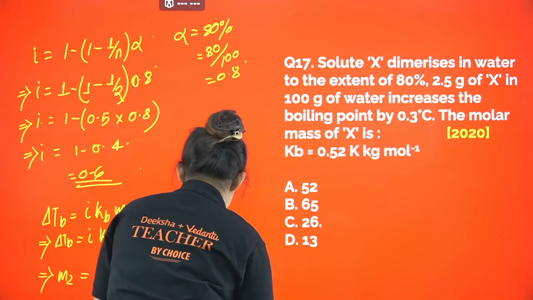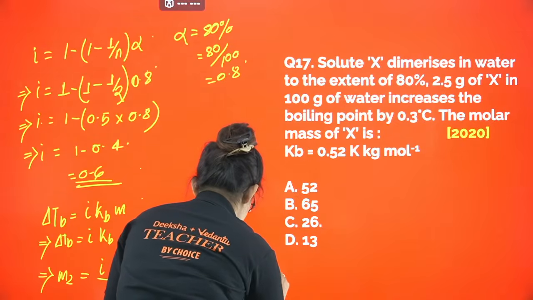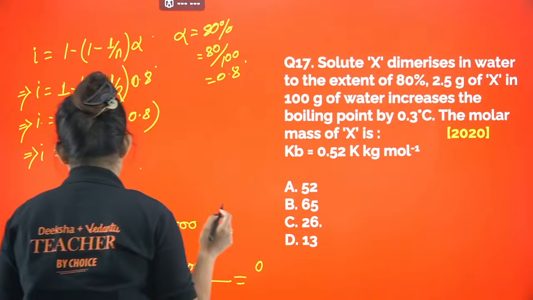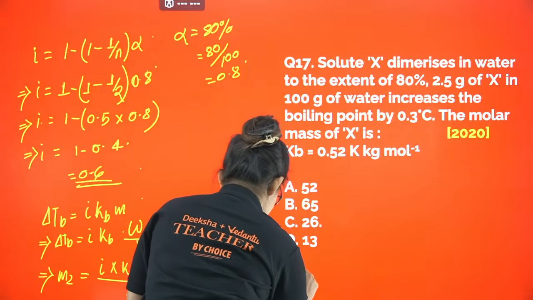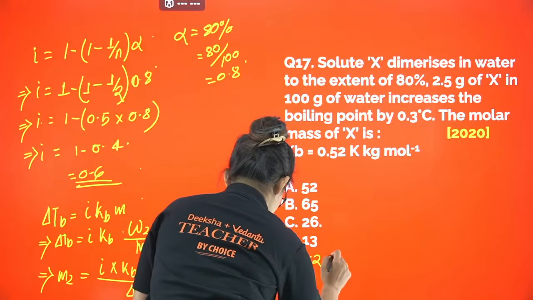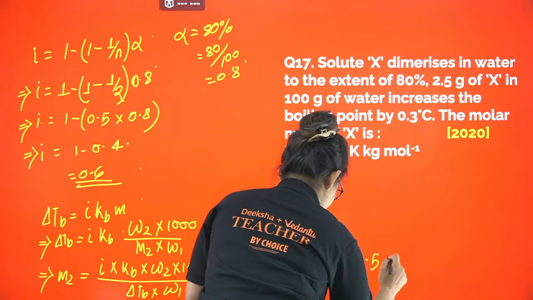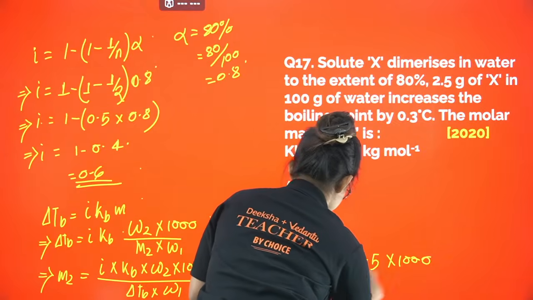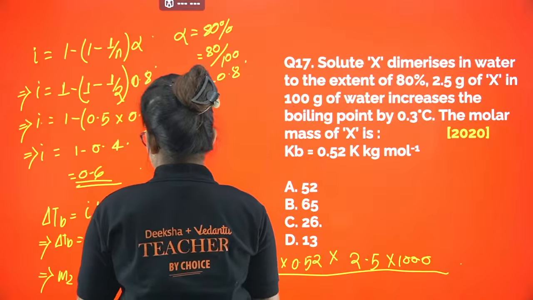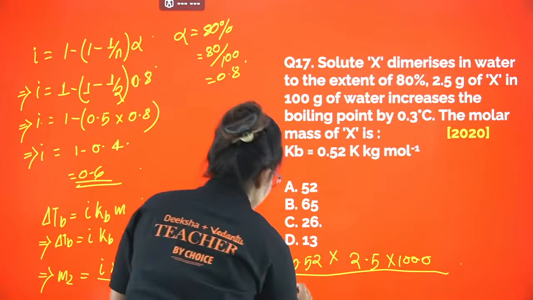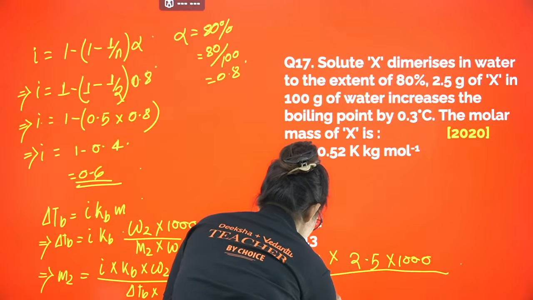Here if you put, i value is 0.6 into 0.52 into W2 is 22.5 into 1000, divided by delta Tb, which is how much? 0.3, right? 0.3 into 100.